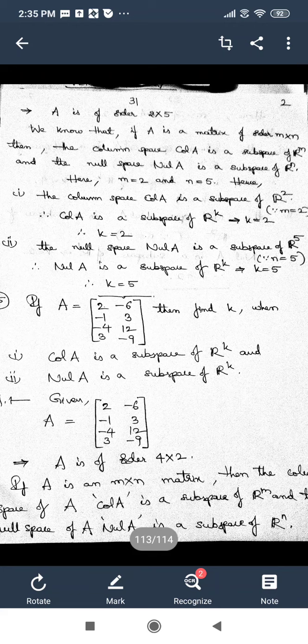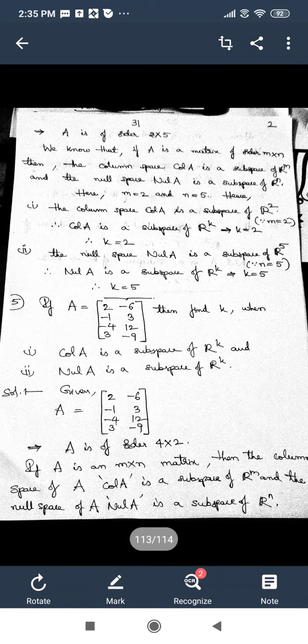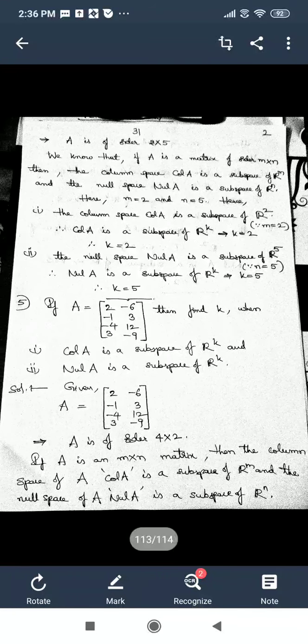For that reason, in the first bit we got that column A is a subspace of Rk when k is equal to 2, because k equals the number of rows of the matrix A. And in the second bit, null A is a subspace of Rk when k is equal to 5, because the number of columns in the given matrix A is 5. So k is equal to 5.